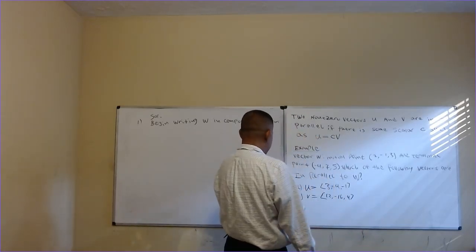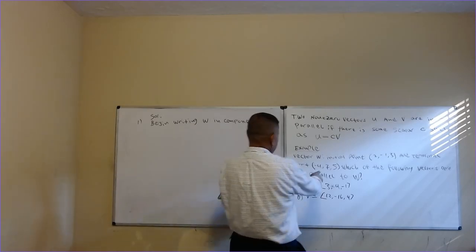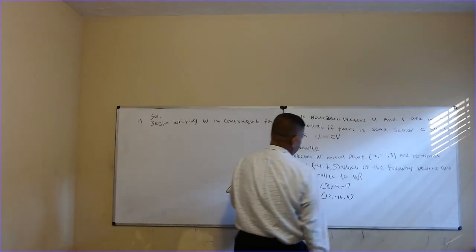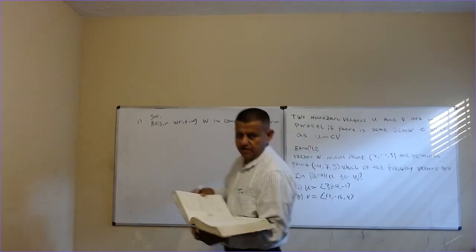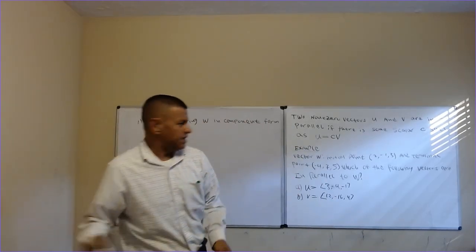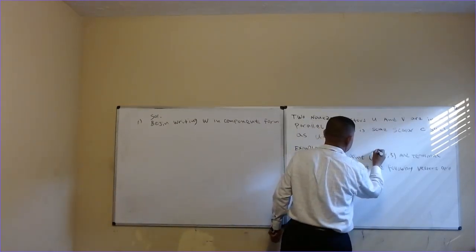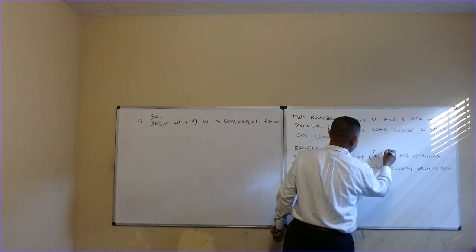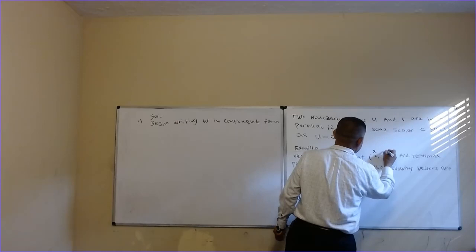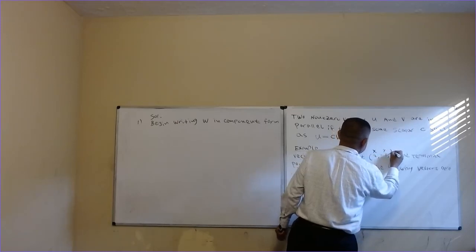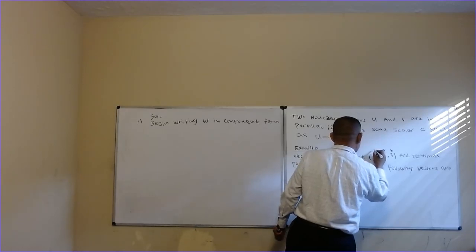So in this case, what do I have of my final? I have a negative 4, 7, and 5. I want to make sure that you understand that each of these represents a coordinate. This represents X, this represents Y, and this represents Z, right? X, Y, Z.